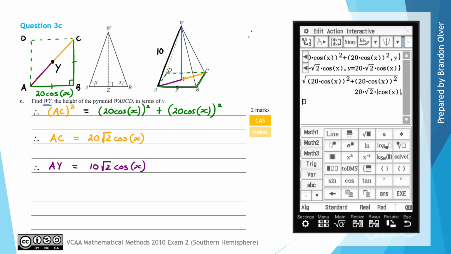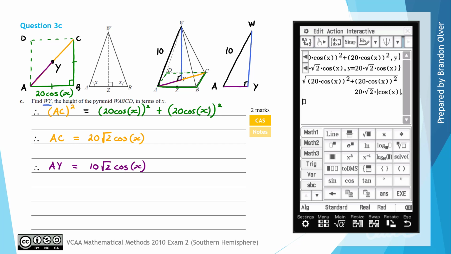So starting with that hypotenuse length of 10, and we know that A to Y in purple would have sat along here, and in blue, if we connect that all up, that will be WY. So I'll just go and label everything now. This is going to be W, this is A, and this is Y, and that's a right angled triangle as well. We can now use this triangle to find WY.